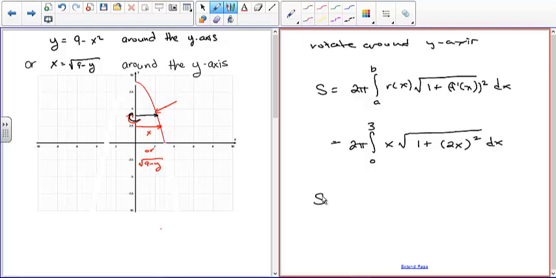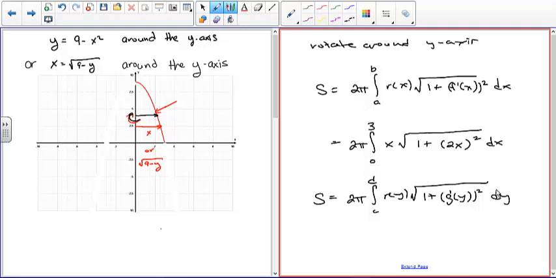The other version would be 2 pi times the integral from c to d of r of y times the square root of 1 plus g prime of y squared dy.